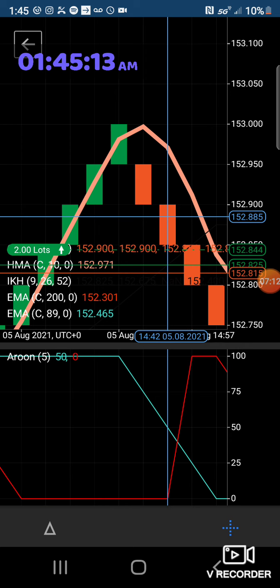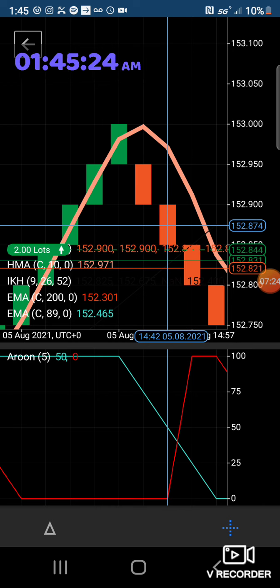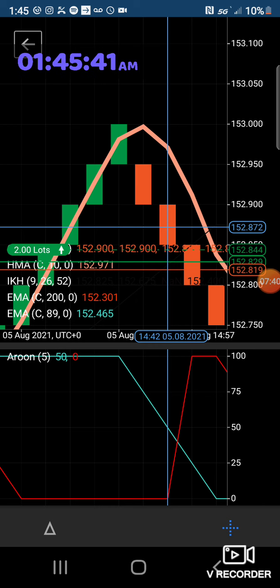And as you know, as we come down through here, you can't really move the pointer right to the cross, but you see what I'm talking about. It crosses up. You got two bricks. If you get a brick color change, what I hear the gurus tell me is, you see two bricks print and your price is going the direction that you want, then go with that direction, with that price.